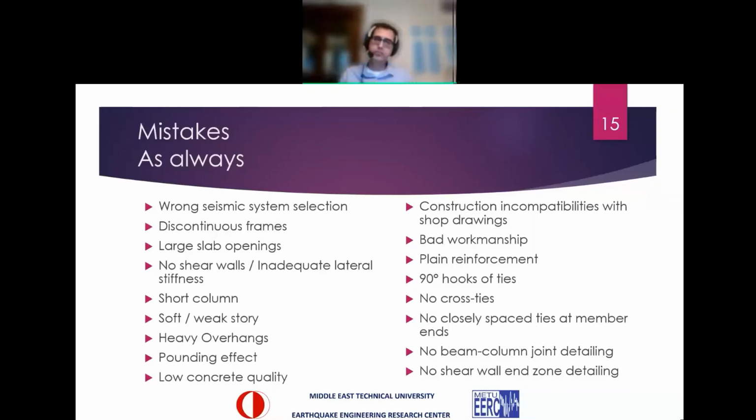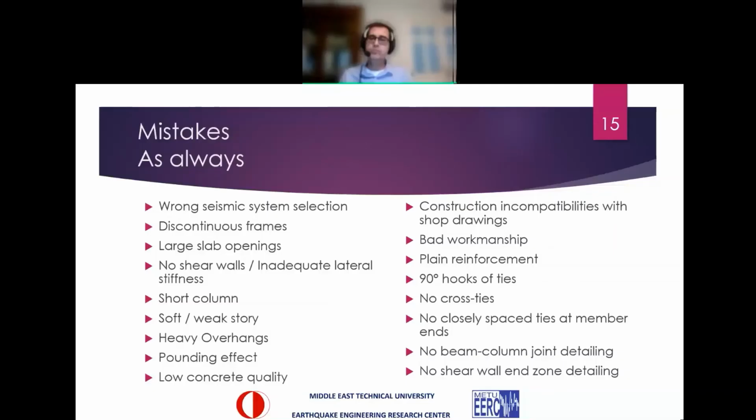Plain reinforcement for old buildings, the buildings constructed before 2000. We saw almost in every structure this problem: 90-degree hooks at the end of ties. As you remember, the end of the ties should be hooked 135 degrees.